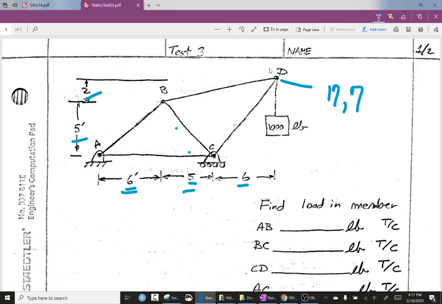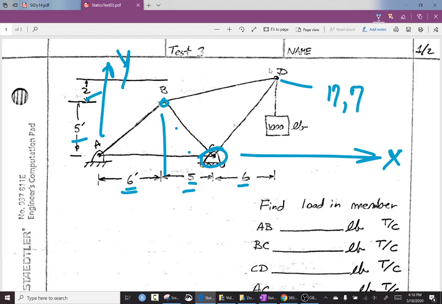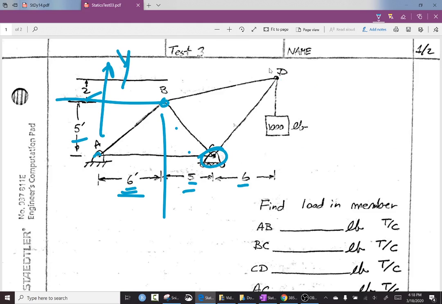Likewise, 6 and 5 gives you 11, and that's at a Y of 0. B sits up here at 6 over and 5 up, and of course A sits at the origin. So all the coordinates are determinable.